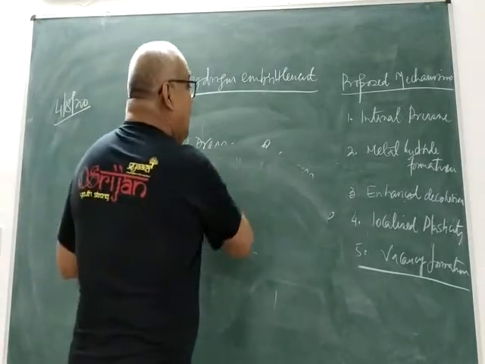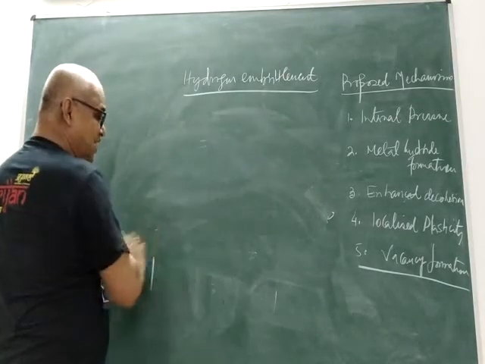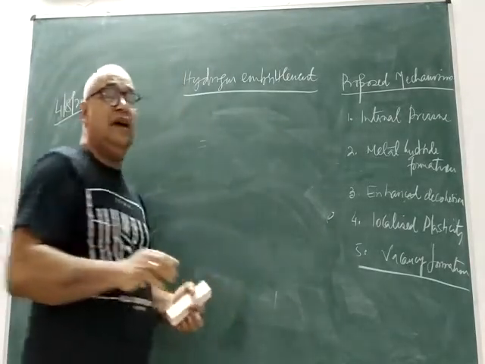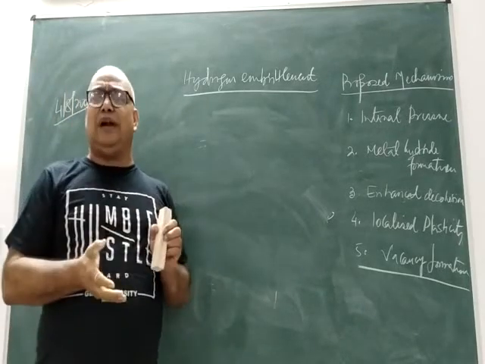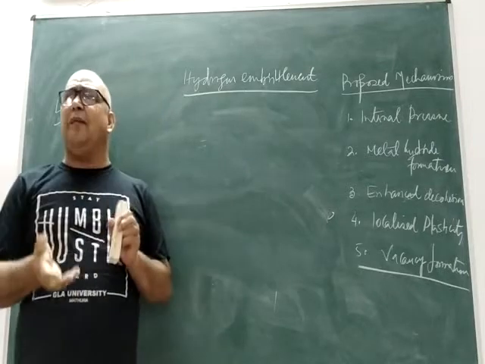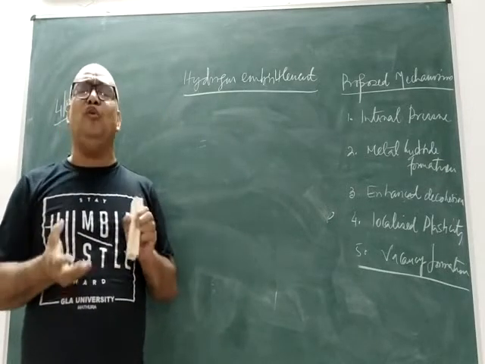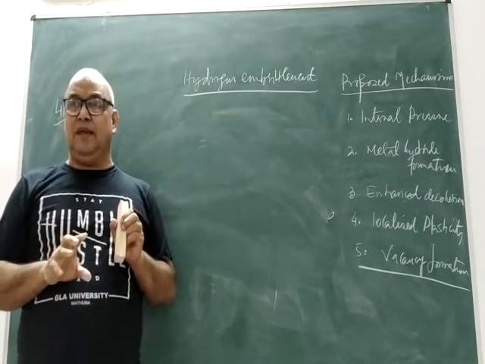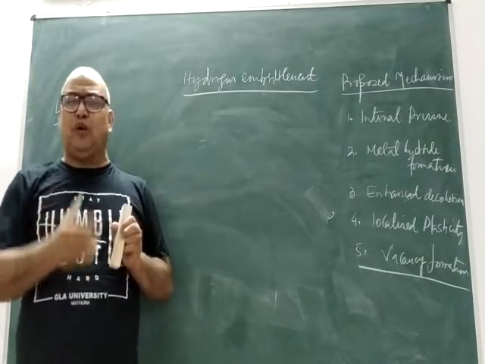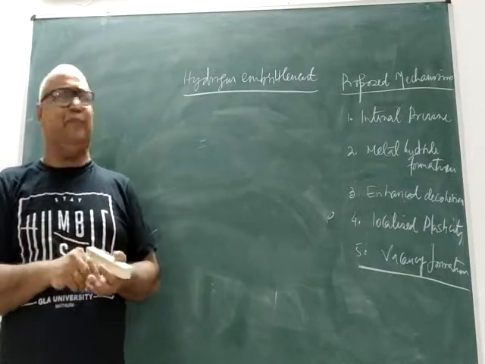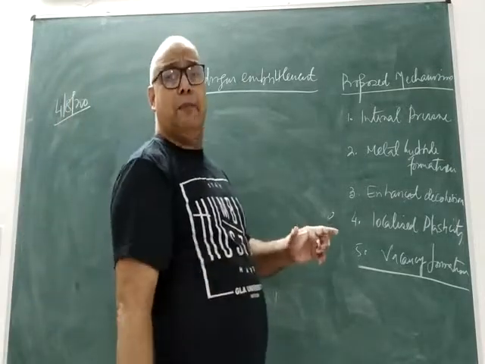Now let us talk about the different mechanisms involved in it. It is believed, as I have told you earlier, that it is a very complex and not completely known phenomenon, but different kinds of mechanisms are proposed, out of which we will discuss a few of them. These are the proposed mechanisms.